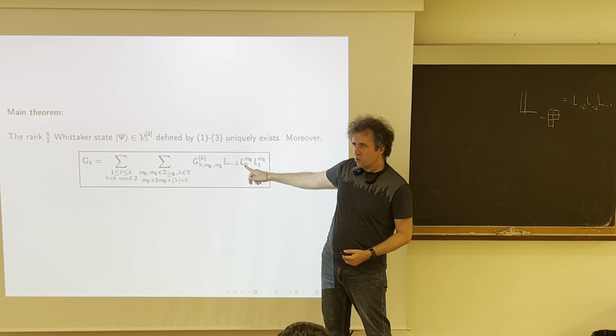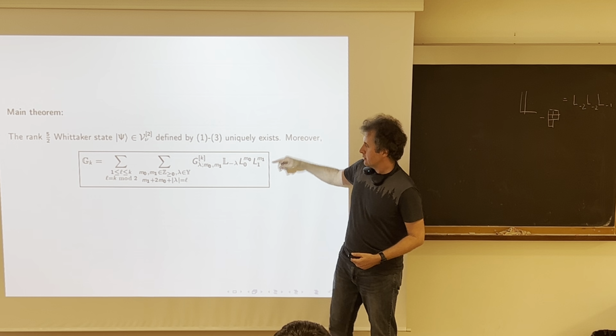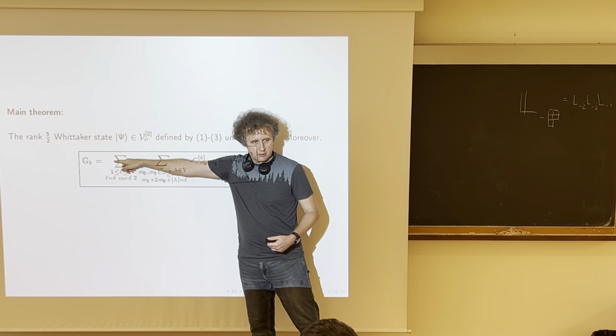Now, what we are saying here is that the Virasoro monomials appearing in the decomposition of this rank 5 half Whittaker state will have total degree at most k, and actually equal to k modulo 2.